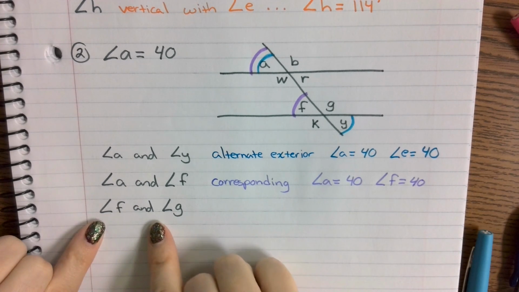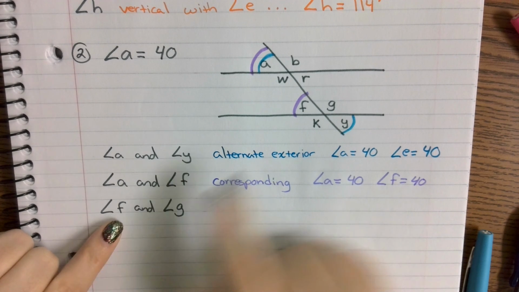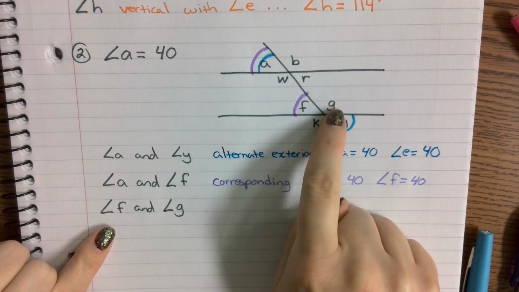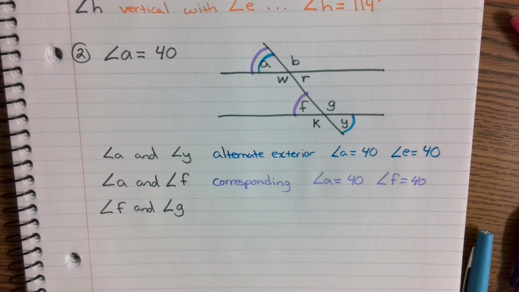And now, different relationship. F and G. What kind of relationship do you think that is? Amy? They are adjacent, but what other relationship are they? David? Not vertical. If they're adjacent, they can't be vertical.